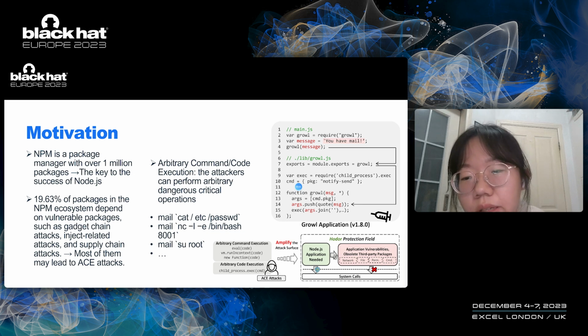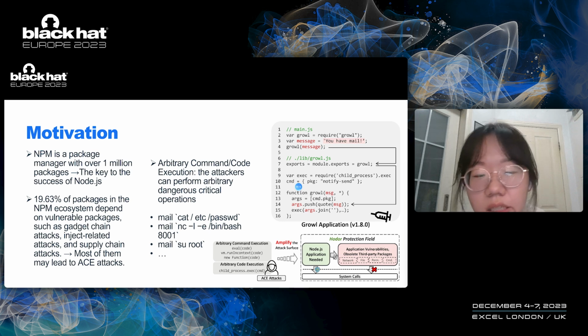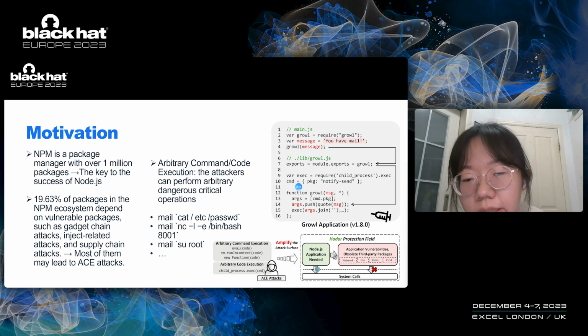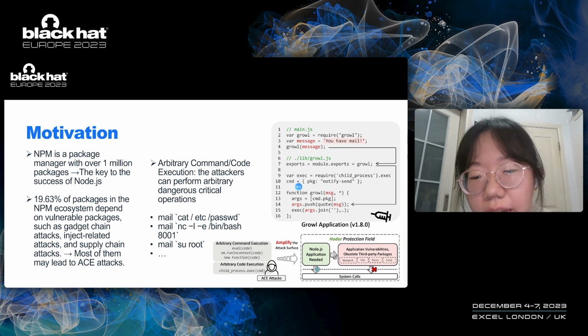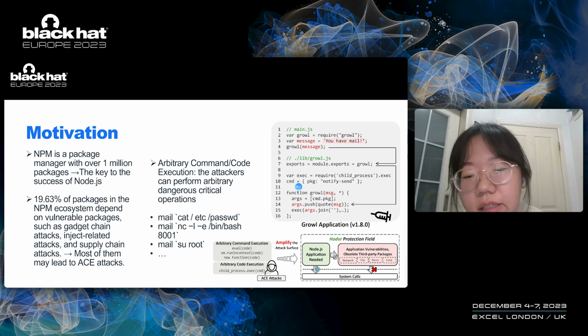Even worse, research has shown that nearly 20% of packages in the npm ecosystem depend on vulnerable packages, and most of the vulnerabilities may lead to gadget chain attacks, injection-related attacks, and supply chain attacks.